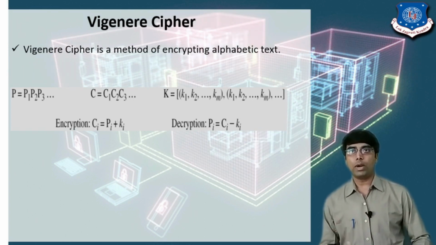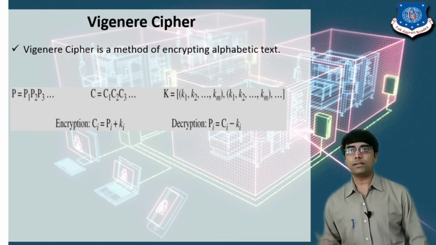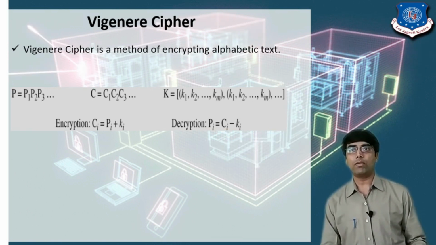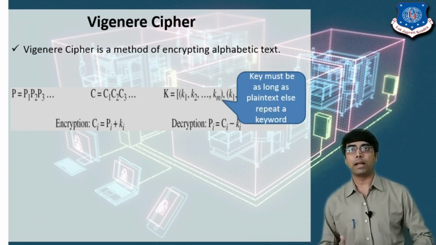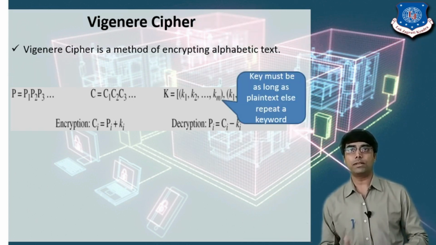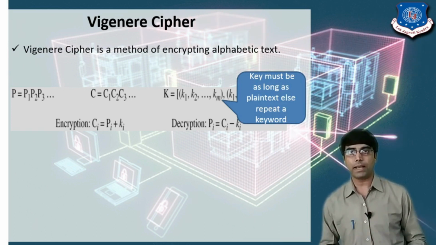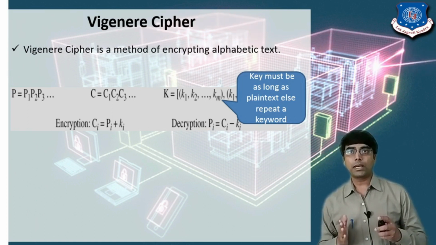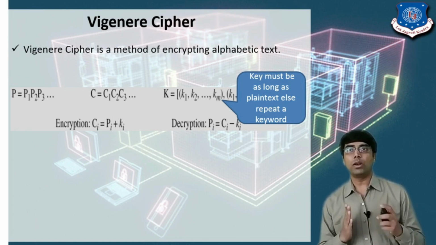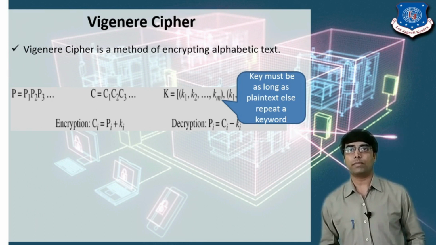Now there is one formula to encrypt the message. The encryption is Ci equals Pi plus Ki, and the decryption is Pi equals Ci minus Ki. Here there is one condition: the key must be as long as the plain text, else repeat the keyword. It means your key must be as long as the plain text message.